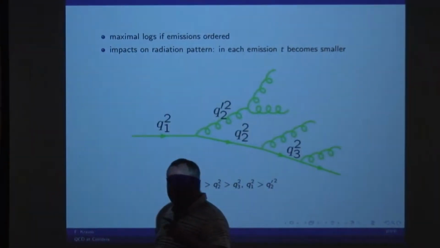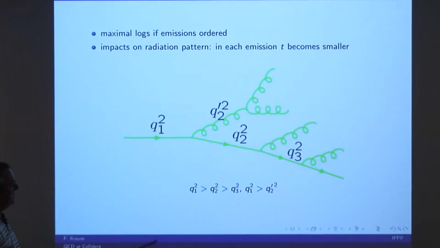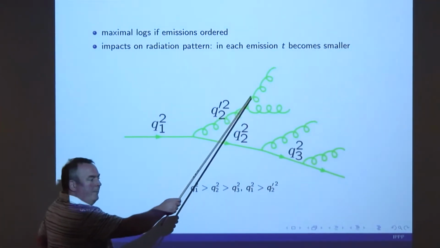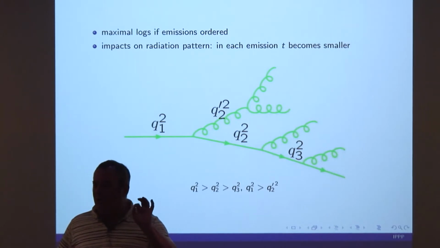Okay, so we know how to deal with one emission. The only thing I want to say now is if you have many emissions, we order them. What I said before was we order them because scale plays the role of time.